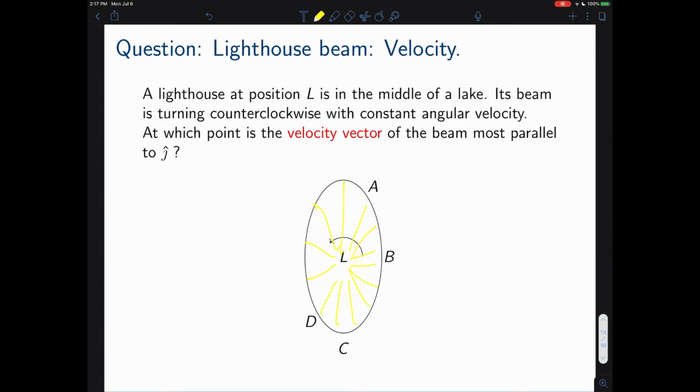And that beam is moving around the shore of the lake. So we're curious about the velocity vector of the beam, or the spotlight on the lake shore. At which point A, B, C, or D is the velocity vector of the beam most parallel to vector J? You can pause the video and think about it.